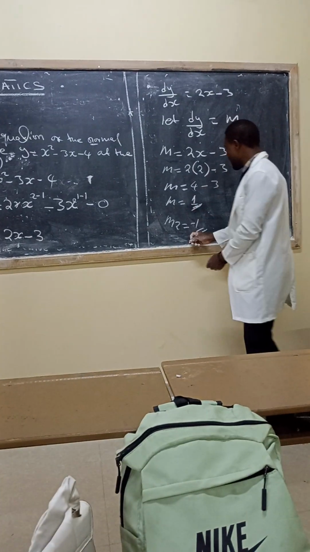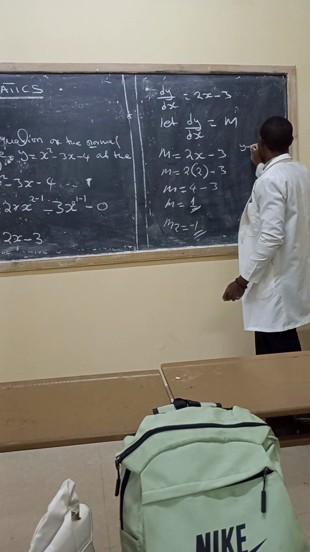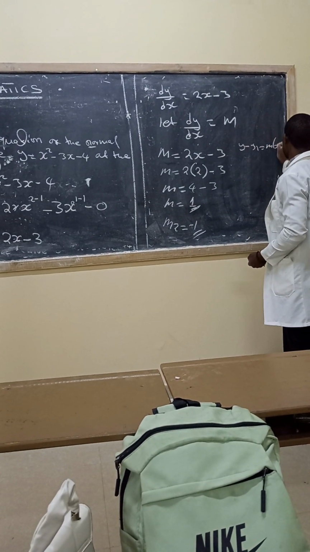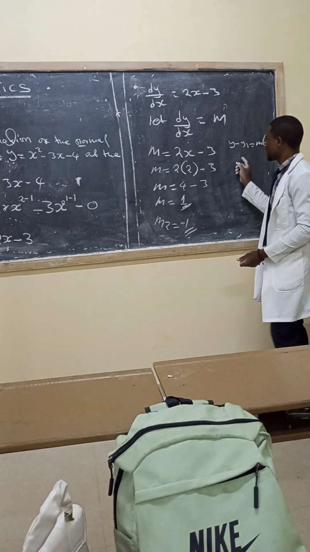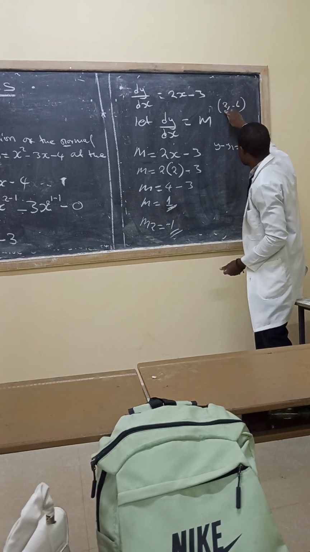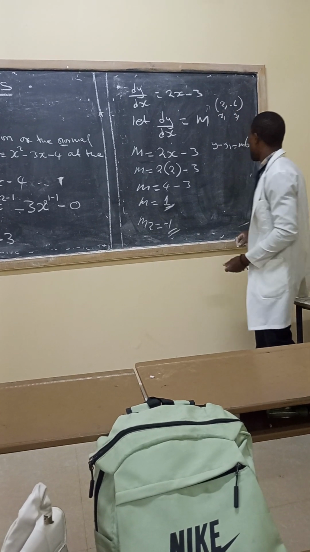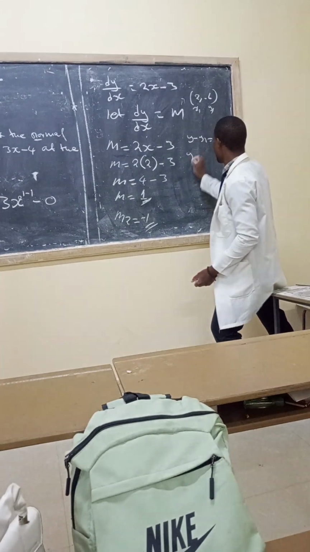So now for you to find the equation of the normal, you say y minus y1 is equal to the gradient times (x minus x1). Now we substitute. So now we have (2, -6). It means that the first coordinate here is the value of x, then the second is the value of y.